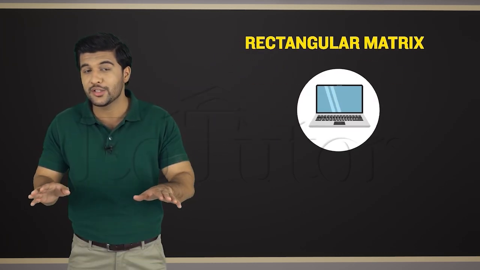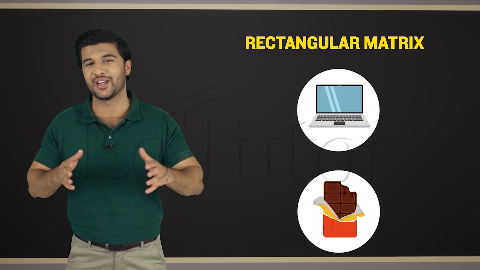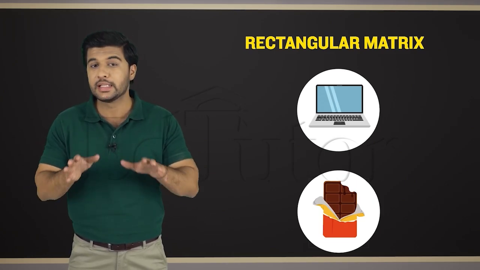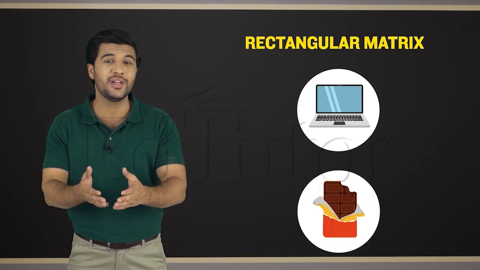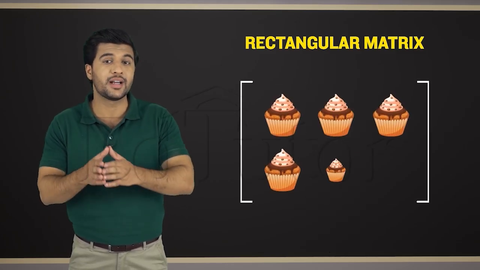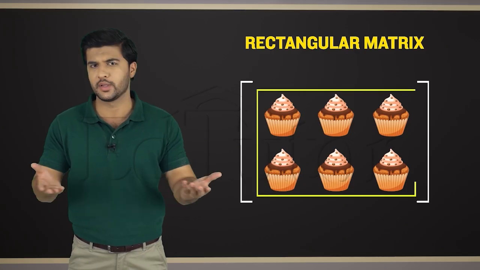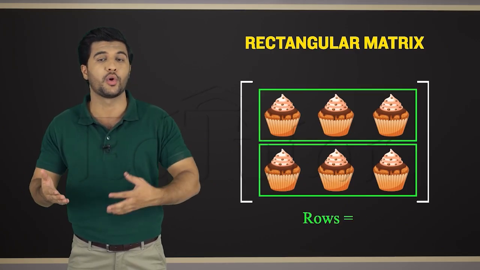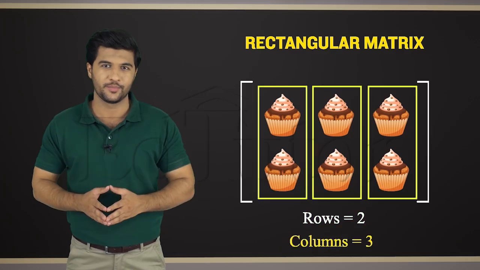From laptop screens to our favorite bars of chocolate, we are surrounded by rectangles. In fact, there are rectangles even in matrices. Simply, any matrix that is not a square matrix is a rectangle matrix because there is an unequal number of rows and columns in it.